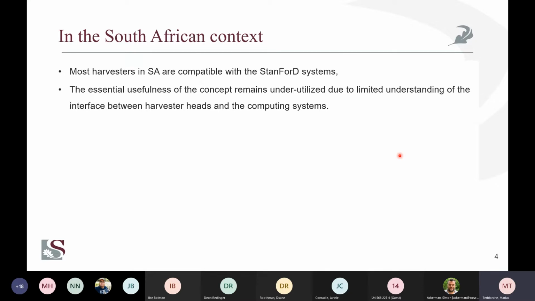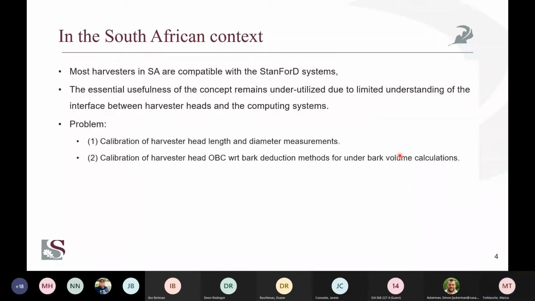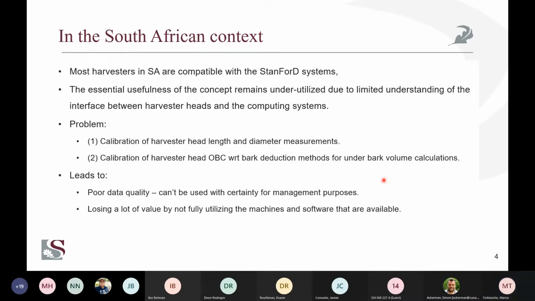As I said, the essential usefulness of the concept is underutilized due to a limited understanding of the interface between the harvesting heads and the computing systems. One of the problems is the calibration of the harvester head with regards to length and diameter measurements, and also with regards to bark functions, and then obviously volume calculations that go with that.